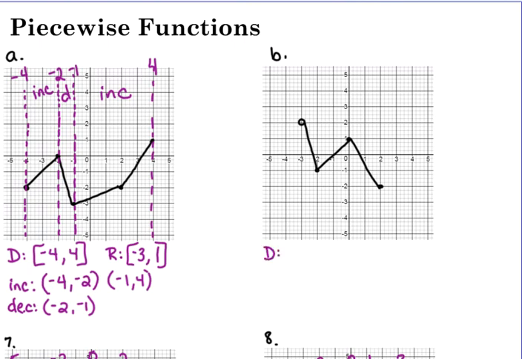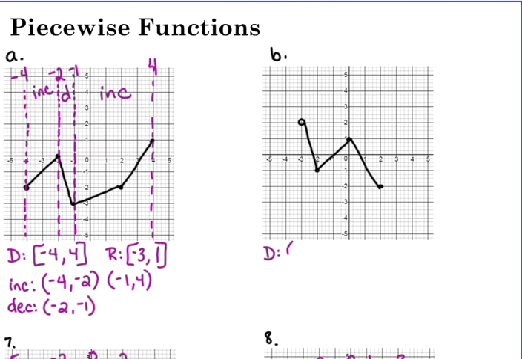Domain. Start on the far left side. We start at -3, but notice at -3, that's a little different than the one that we just did. That's not a point. That's an open circle. What that means is we get as close as we possibly can to -3, but we don't actually equal -3.